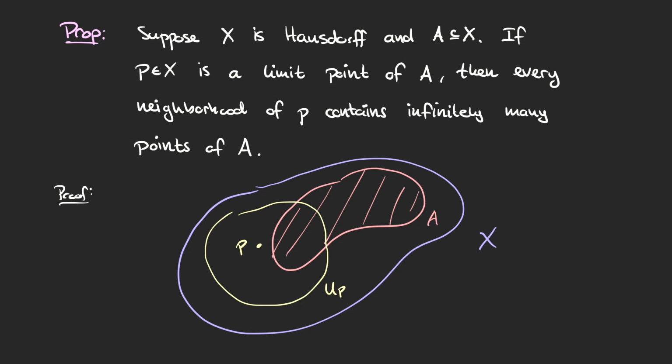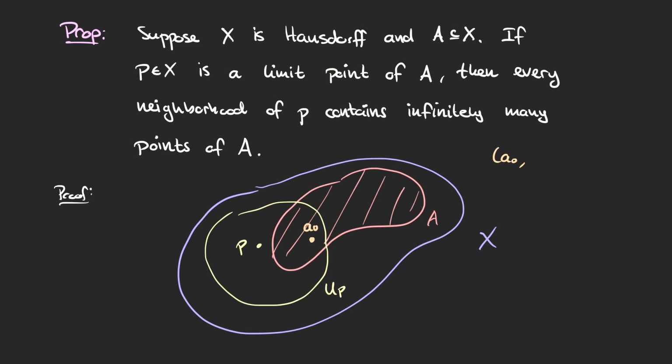So first we notice that because P is a limit point of A and UP is a neighborhood of P, this means that there's going to be some point, which I'll call A0, which is distinct from P and that lies within A. And this is going to be the first element of our sequence.